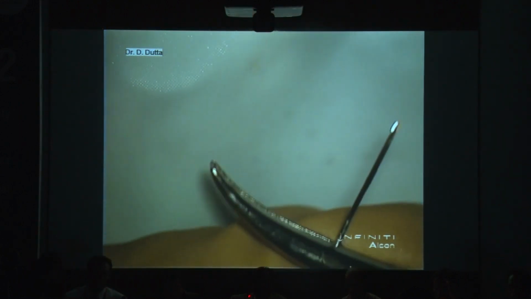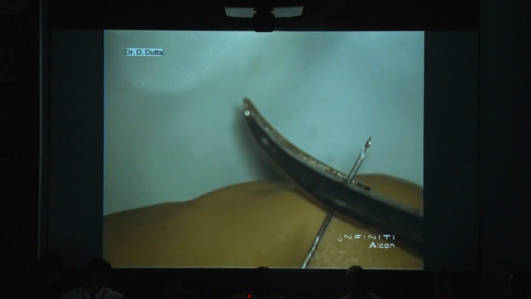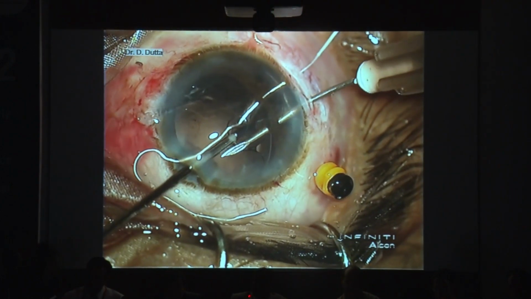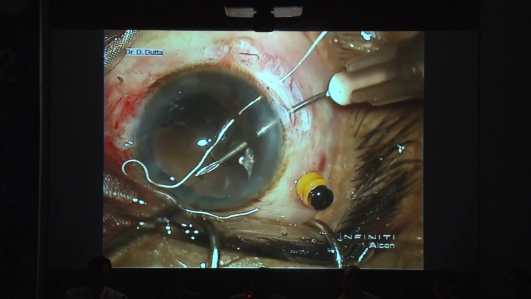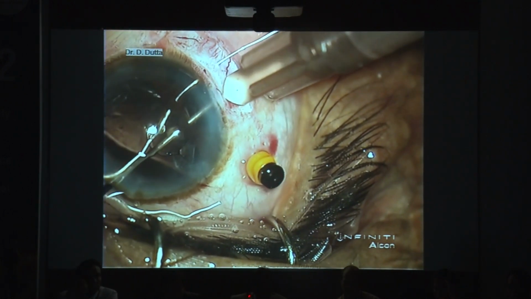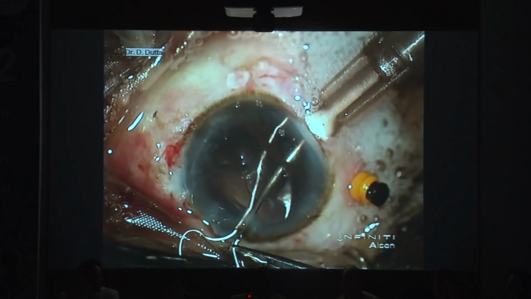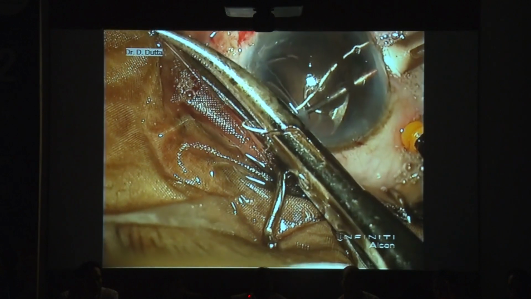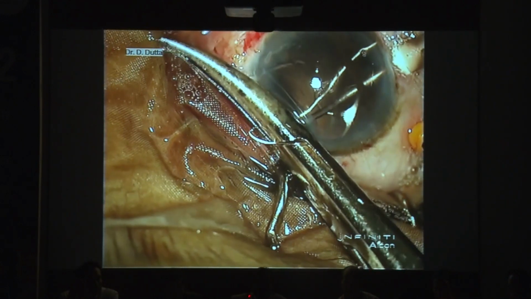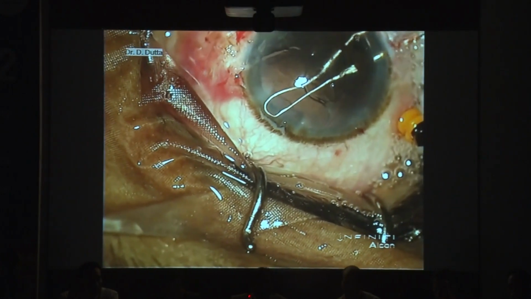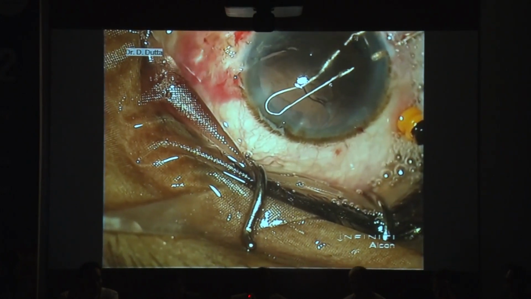A 26 gauge needle is bent into a bow, passed through the bed of scleral pocket and then through the peripheral iris and brought out at the incision through the pupil. The free end of the Gore-Tex suture, which has been eyed through the segment CTR, is threaded into the lumen of this needle and punched with a needle holder so as to keep it in place as the needle is withdrawn out through the sclera.